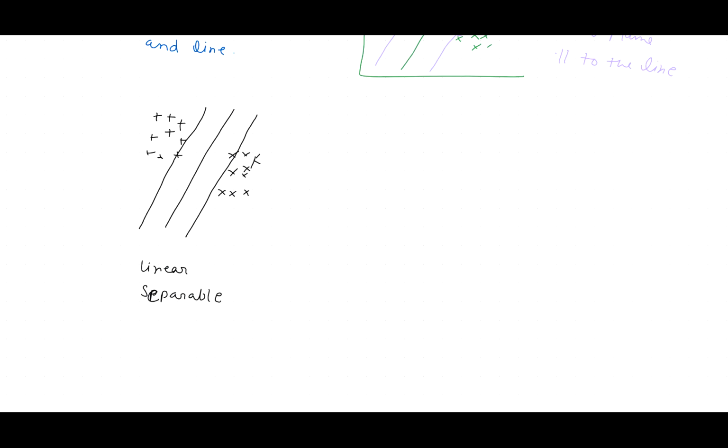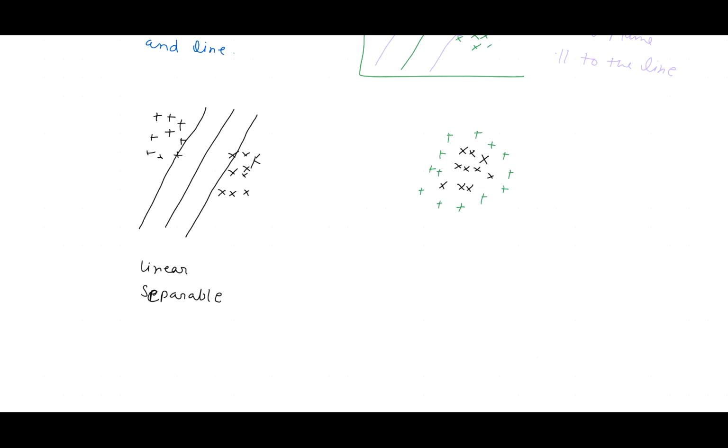But your data might be in this form. Let's say like this, and here are the positive points. Now you cannot draw the line like this. It's hard to separate them.